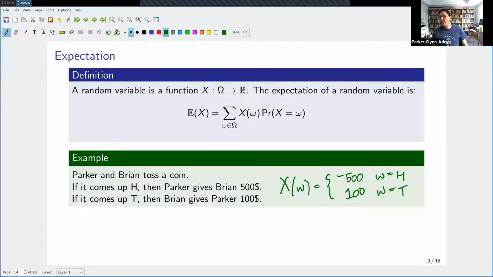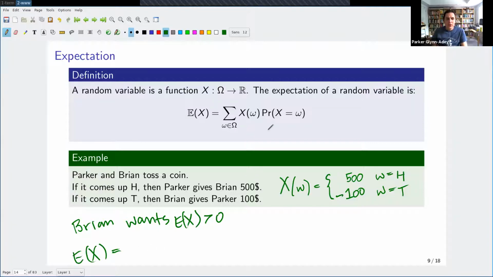So he wants to play because of positive expected value, right? Actually, wait one second. I'm going to switch these signs. We're going to write this from Brian's perspective. Brian wants the expectation to be positive, and it is.